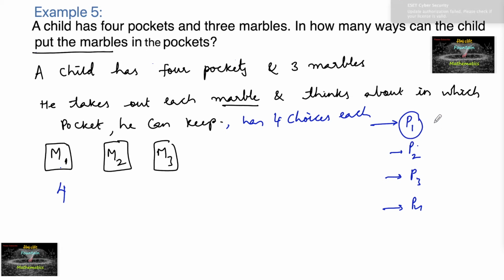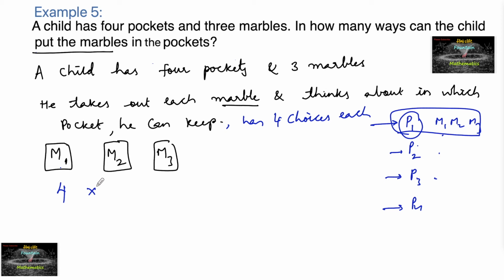So in the first pocket he can keep all three marbles, m1, m2, m3. He may keep m1 here, m2 here and m3 here, like any different ways we can try. But he has 4 choices for the first marble, and after keeping that first marble in any of the pockets, now he has the second marble.